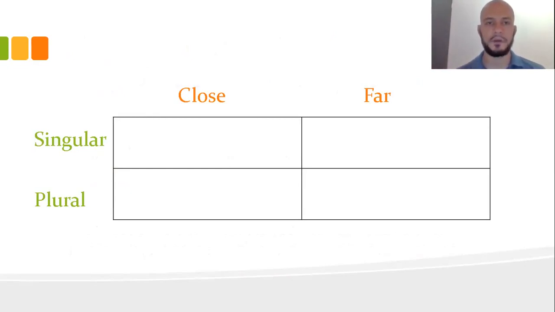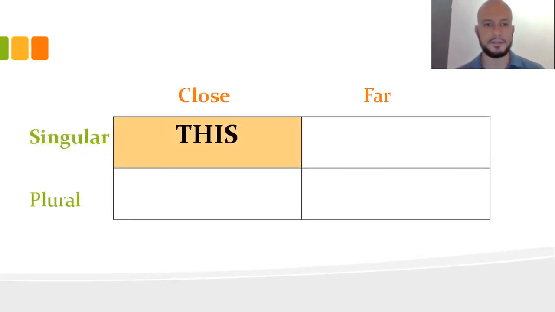Now let's imagine we are speaking about only one thing, one noun. In this case, we are going to work on singular. If that singular noun is close for me, I'm going to use this. That's the pronunciation.